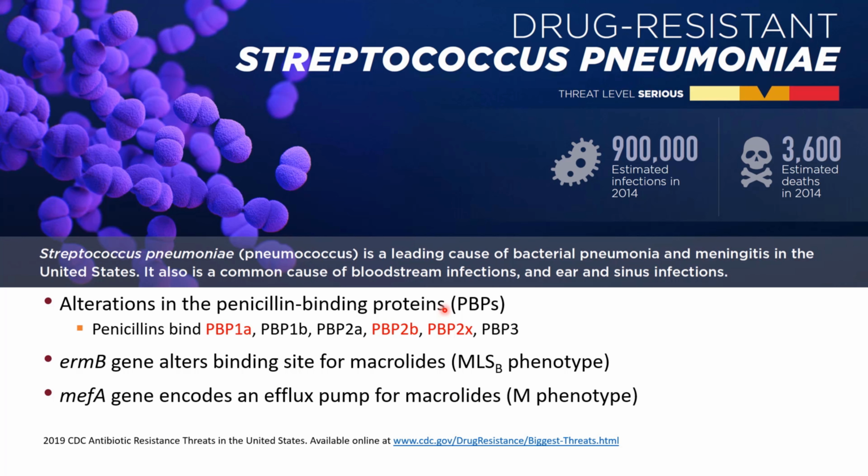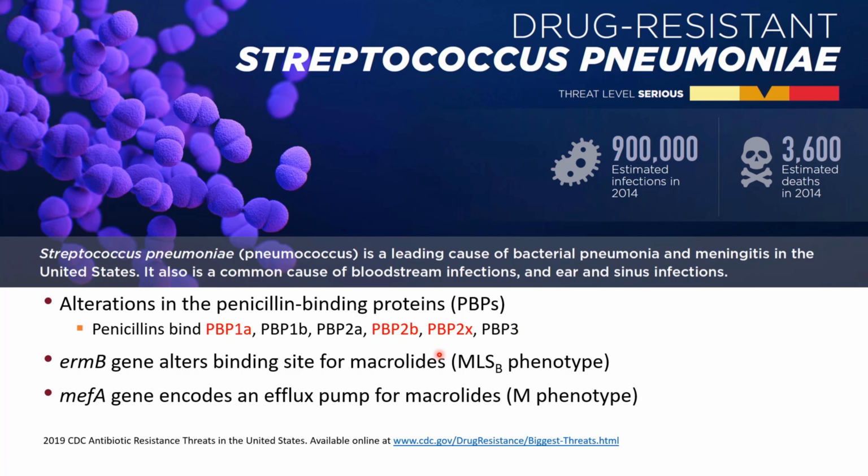Note that it does not involve production of beta-lactamases. So beta-lactamase inhibitors are not going to overcome this resistance. In particular, penicillins bind penicillin binding protein 1A, 1B, 2A, 2B, and 2X, as well as 3.